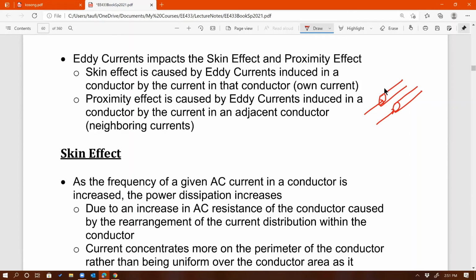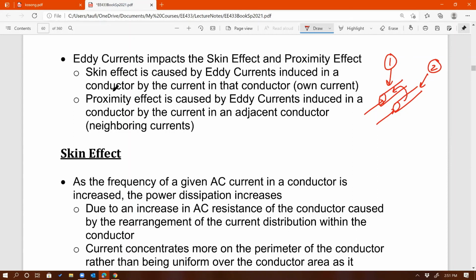So if you look at this wire, the first one, let's call it number 1, and let's call this number 2, right? And this will have some flux, right? That causes eddy current loss, and the effect of the eddy current loss from that wire number 2 into number 1, that's what's called the proximity effect, right?